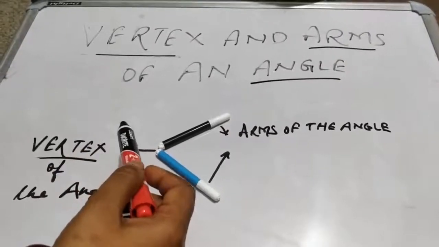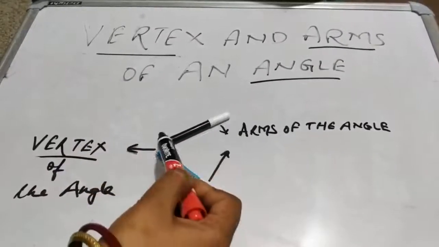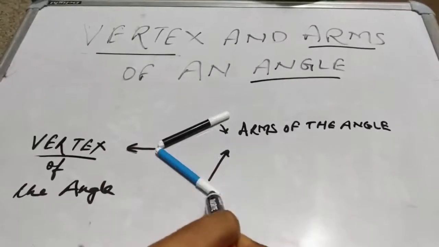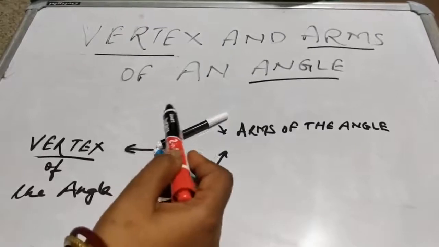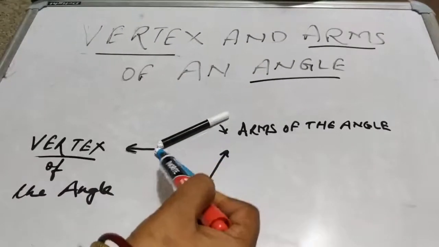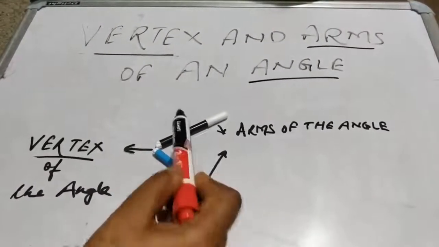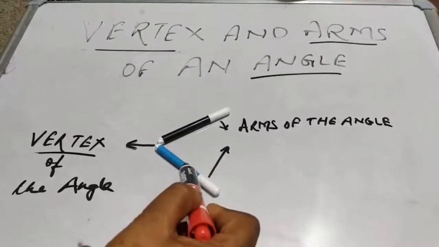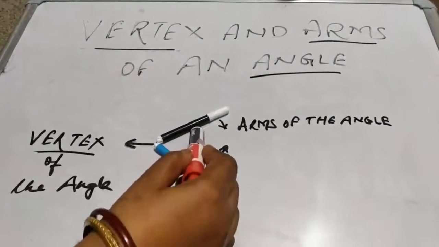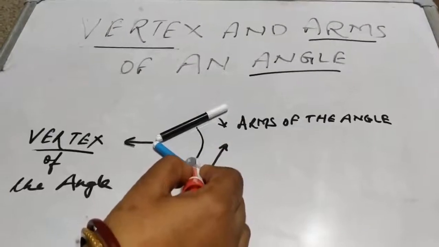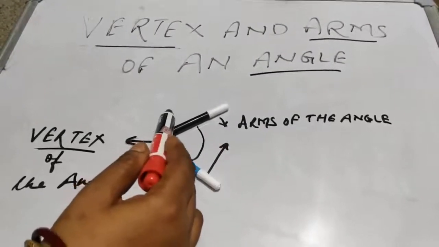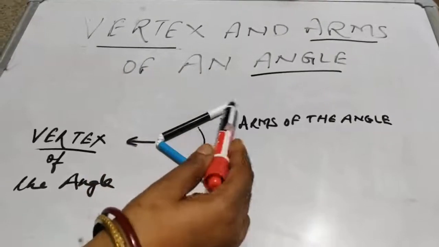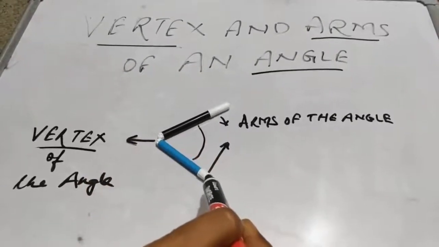Now come to what are the arms of the angle. There are two arms of the angle. What are the arms? The two rays, this is ray number 1, this is ray number 2. The two rays that are forming an angle are called arms of the angle.